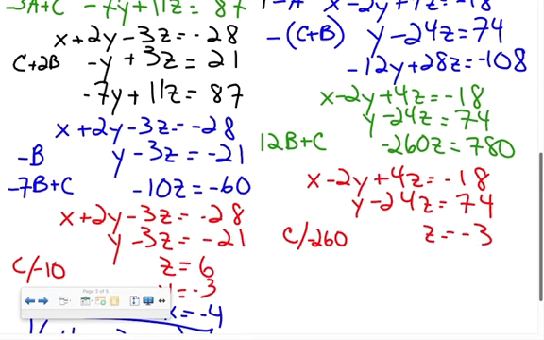And once I know that, I can substitute it in to figure out what y is. So I know that y minus 24 times negative 3 has to equal 74. Well, 24 times 3 is 72, and that's going to be a positive 72, so y must be 2.